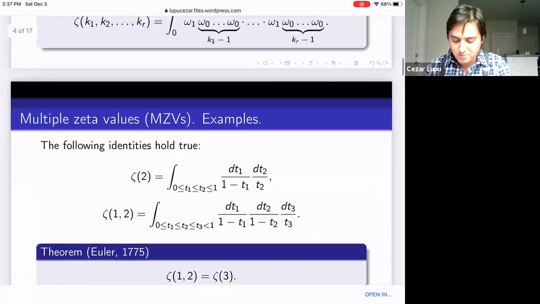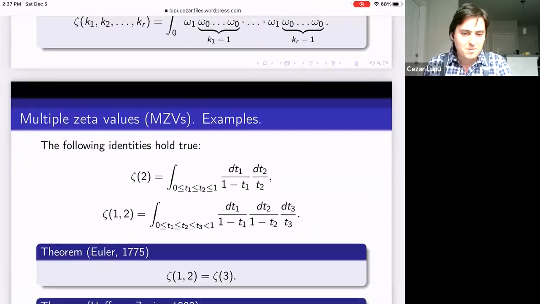Euler tried to find a formula for zeta of 3. He found a formula for all the other even zeta values, but unfortunately he was unsuccessful for zeta of 3. Still, he found this amazing formula.